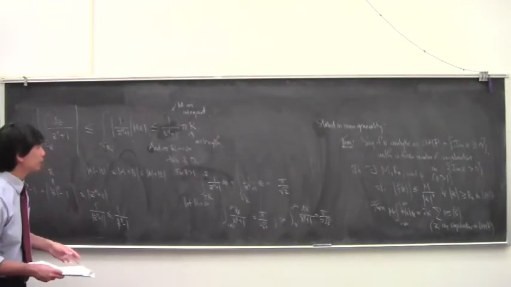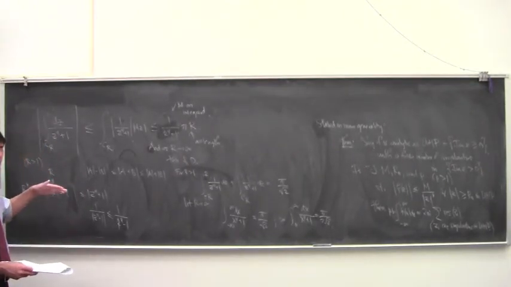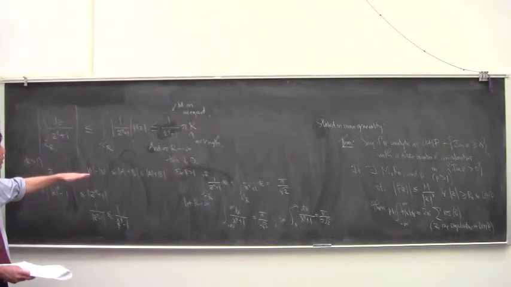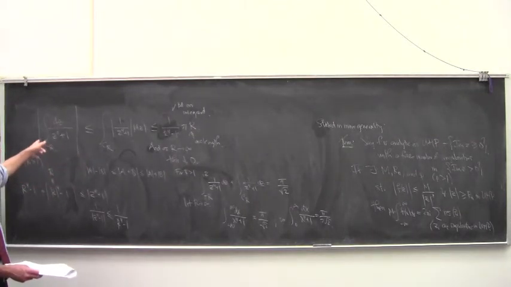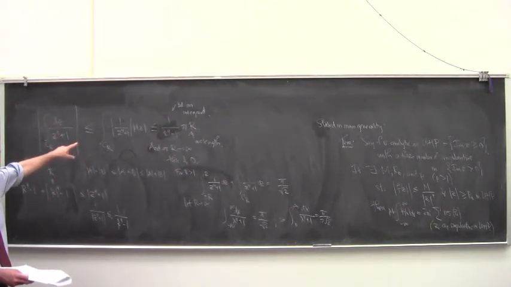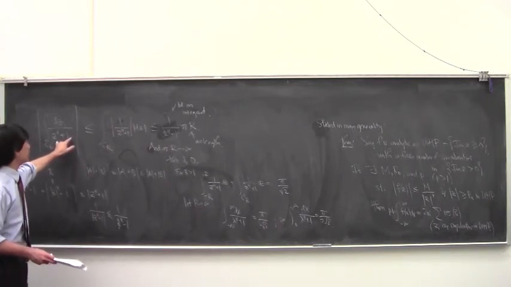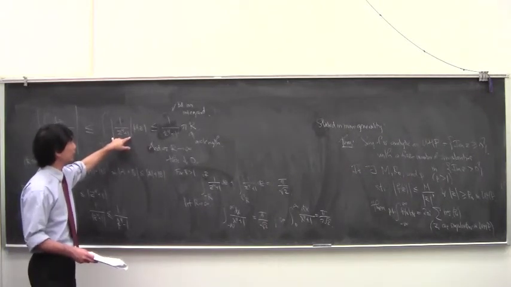Okay, is that clear that we can say that just from this example? What's going to happen? Here's the key step, right? We're going to try to bound this thing. We want to bound the integrand.